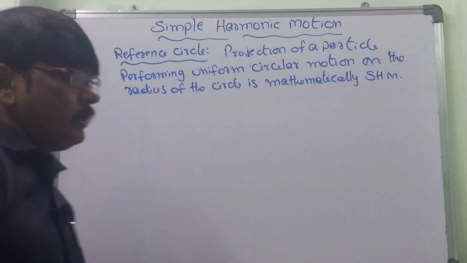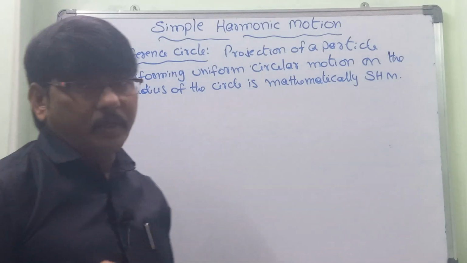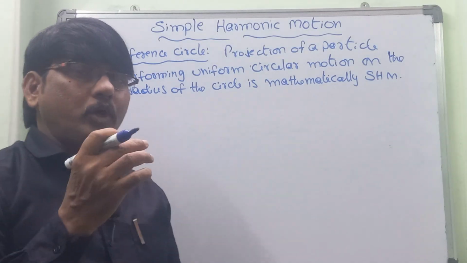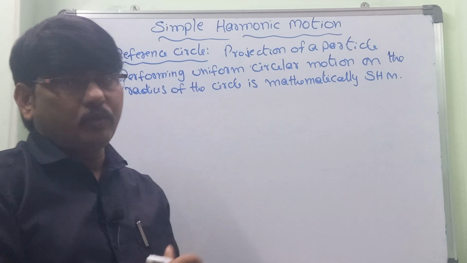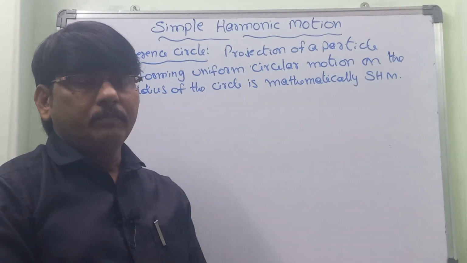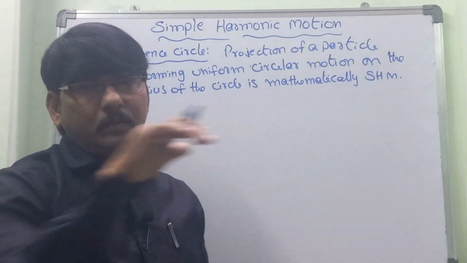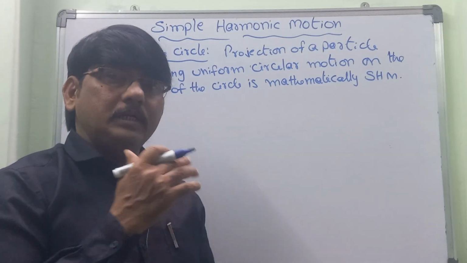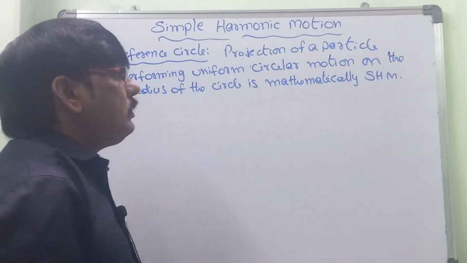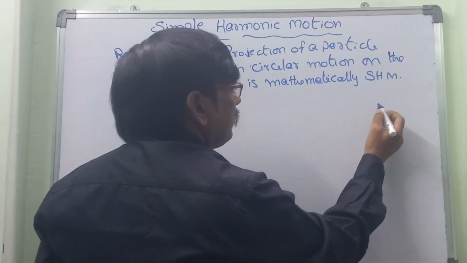If we take any particle that is projected along the radius of a uniform circular motion, then that is called simple harmonic motion. Now let us take an illustration so you will understand.